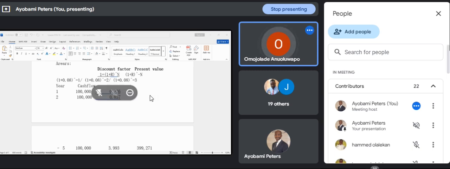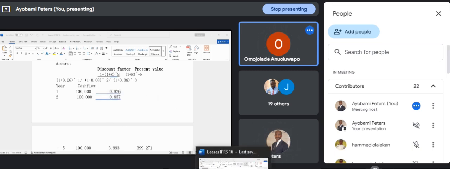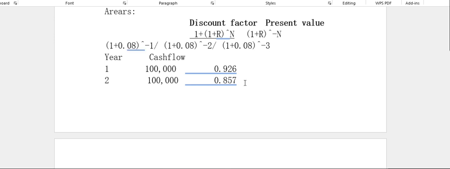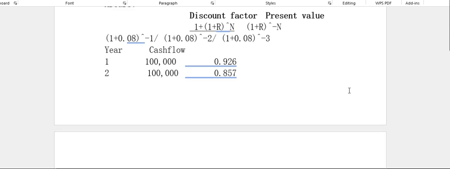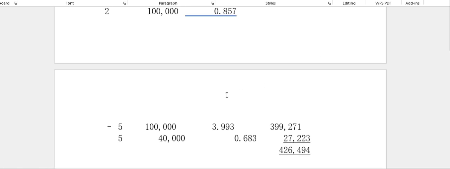0.794 or 0.79. Okay. Just hold on. So year 3 now. Our year 3 cash flow is 100,000.